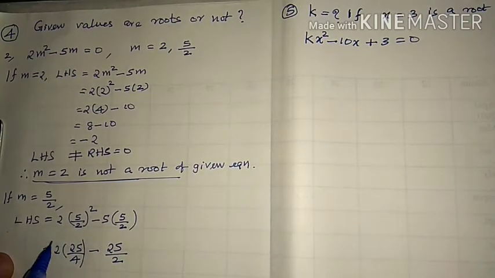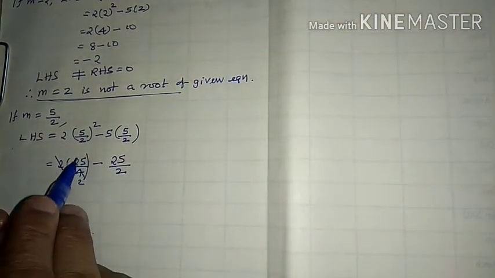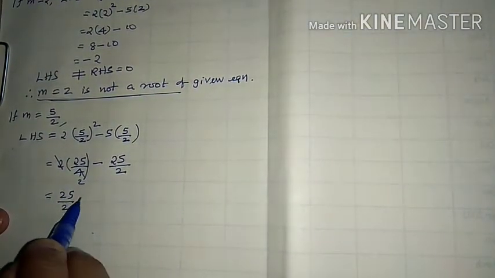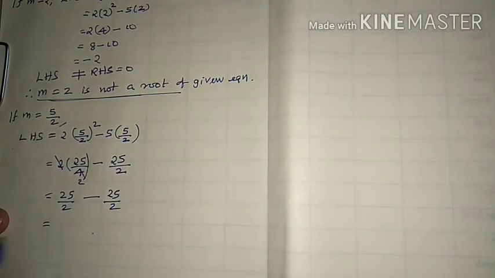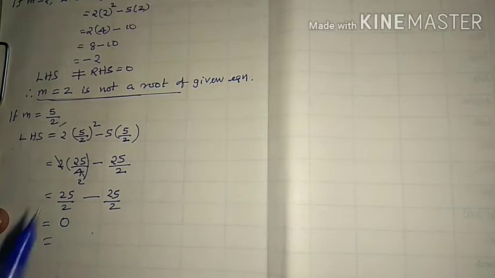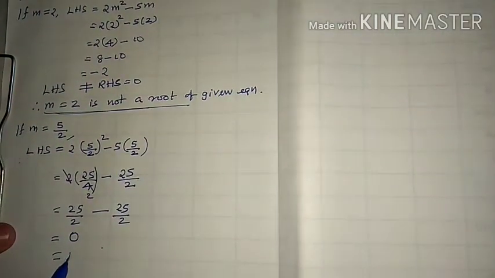Now here this 2 cancels 2 times. That means 25 upon 2 minus this 25 upon 2. See, both are equal terms with a minus sign, so plus minus become 0. 0 is the right hand side. This is the right hand side.